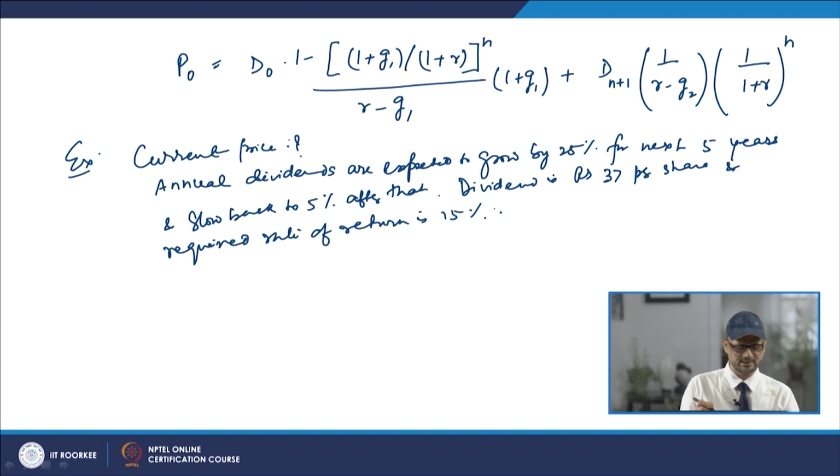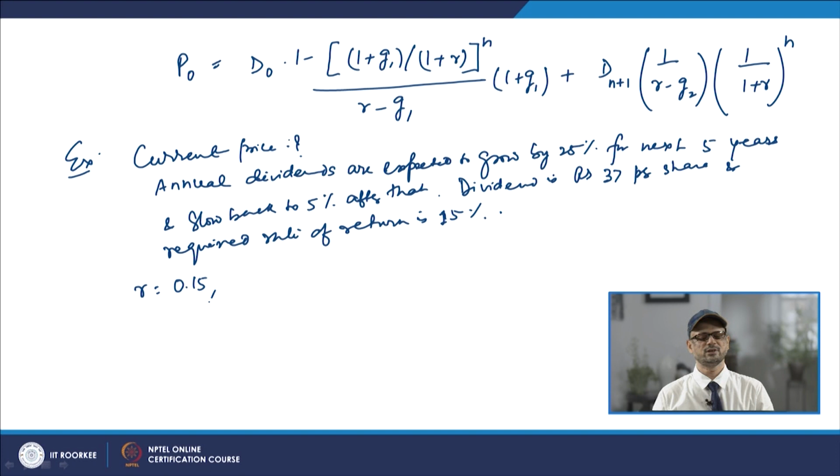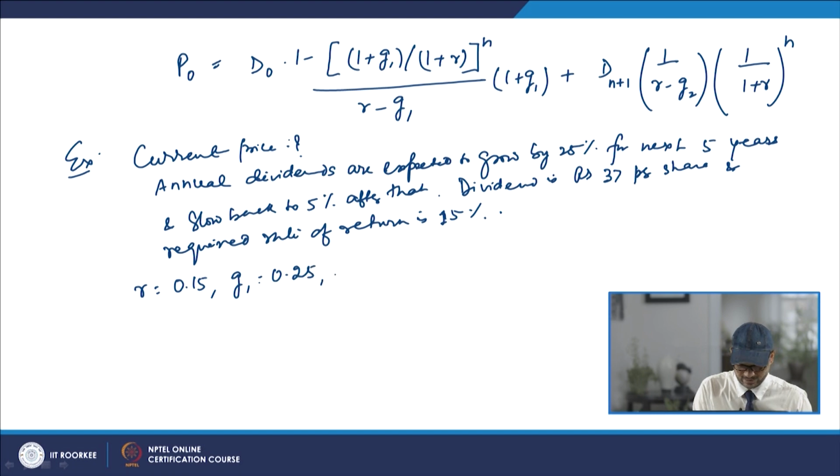Now, in such cases we know that this 15% is nothing but R. So, R is 0.15. In the first period, for the first 5 years it is 25%. So, G 1 will be 0.25 and n will be 5. That will be used in this formula for the first period, and then G 2 comes into the picture.